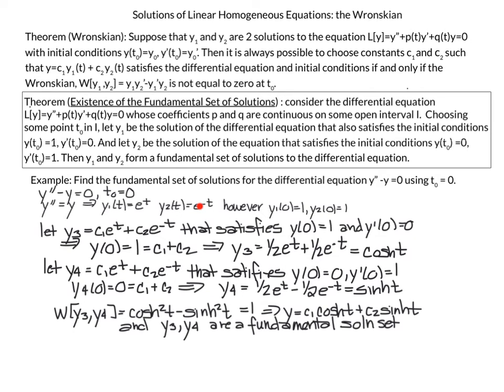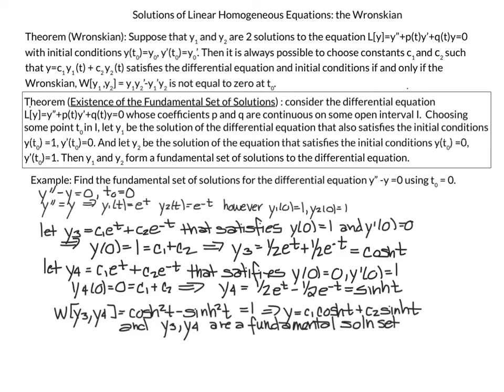And just to summarize everything, this is the same problem we were working on. We have y3 is cosh of t, y4 is sinh of t. I can calculate the Wronskian, and I'll see it's equal to 1. That means that this is the general solution, c1 times cosh of t plus c2 sinh of t, and y3, which is cosh of t, and y4, which is sinh of t, are a fundamental solution set.